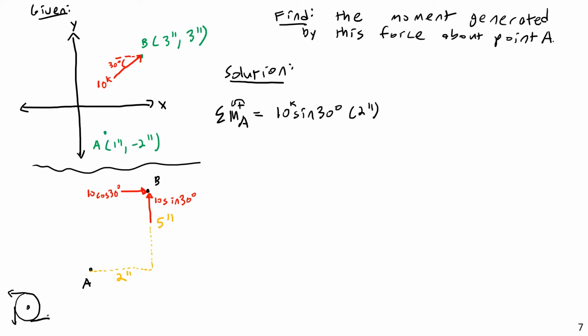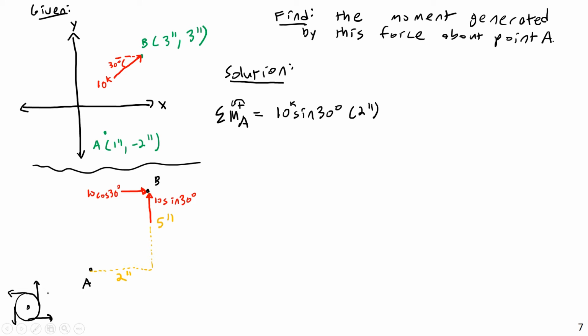Its velocity vector would look like this as you go around the circle. The velocity vector is always tangent to the circle, and if it's going to rotate counterclockwise, its velocity vectors would have to go like that. That's personally how I think about this.